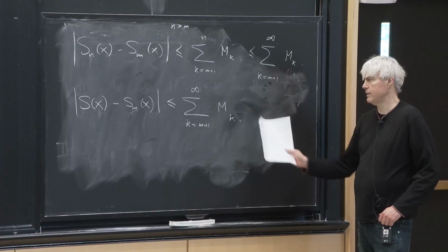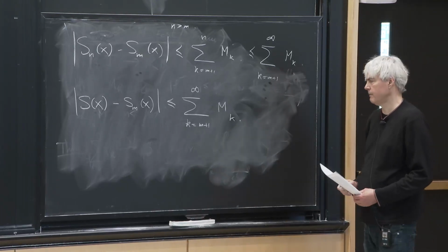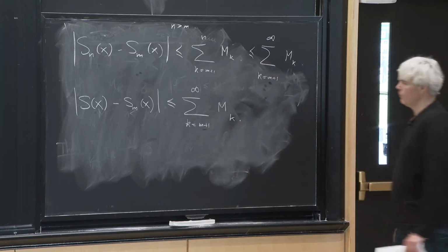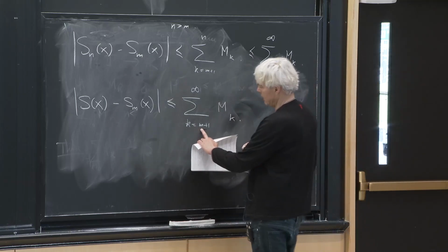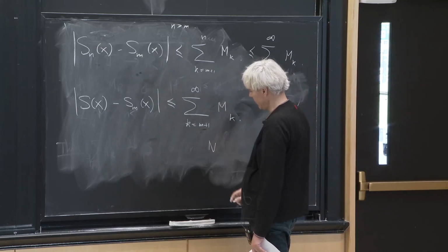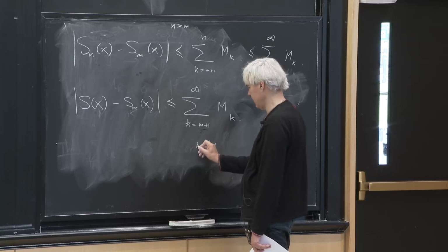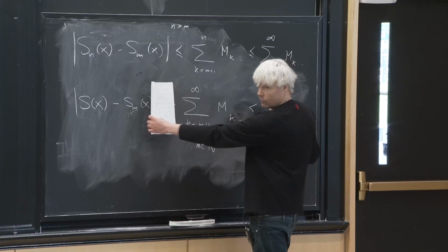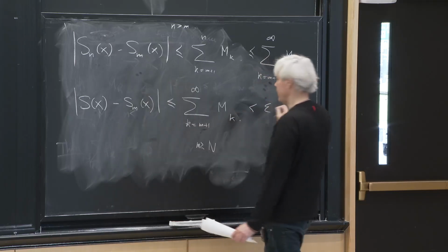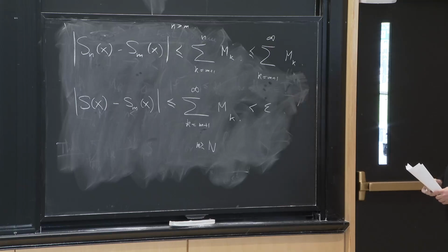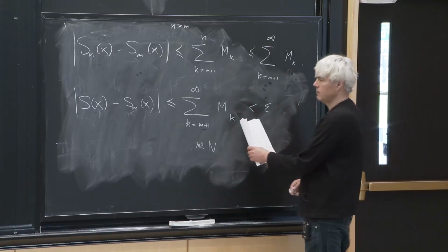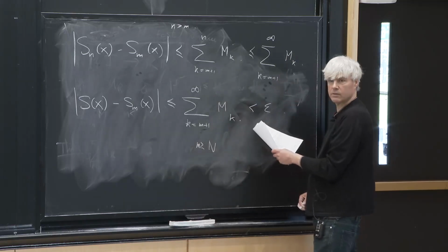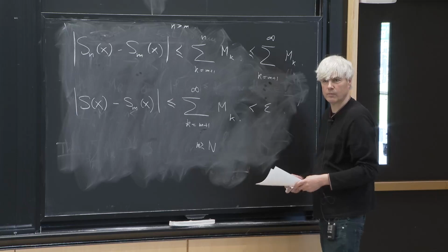You see, the little n is gone, there's only the capital N and the m. So as long as you choose m sufficiently large, you can make this sum, which has no reference to x, less than epsilon. So this is less than epsilon for all x, and that's exactly uniform convergence, yeah?